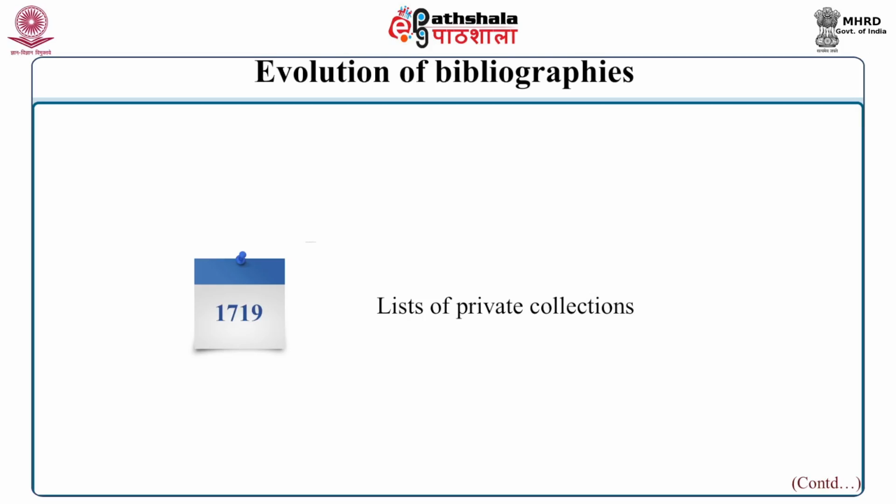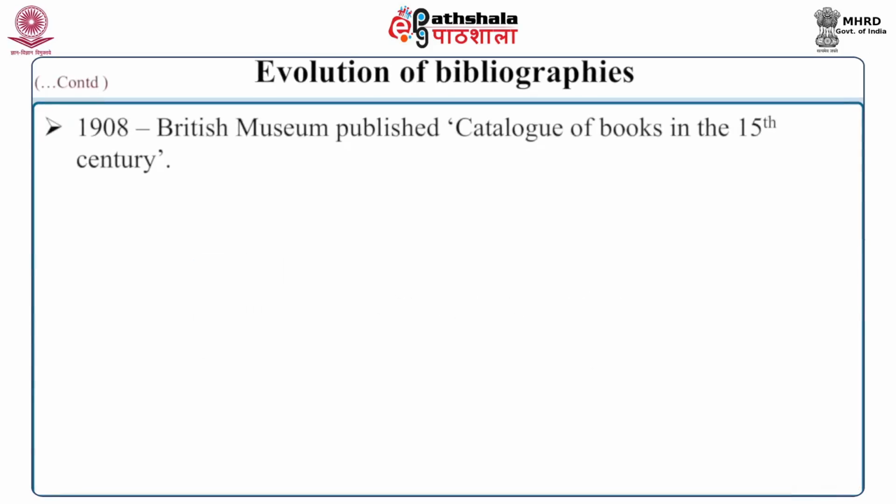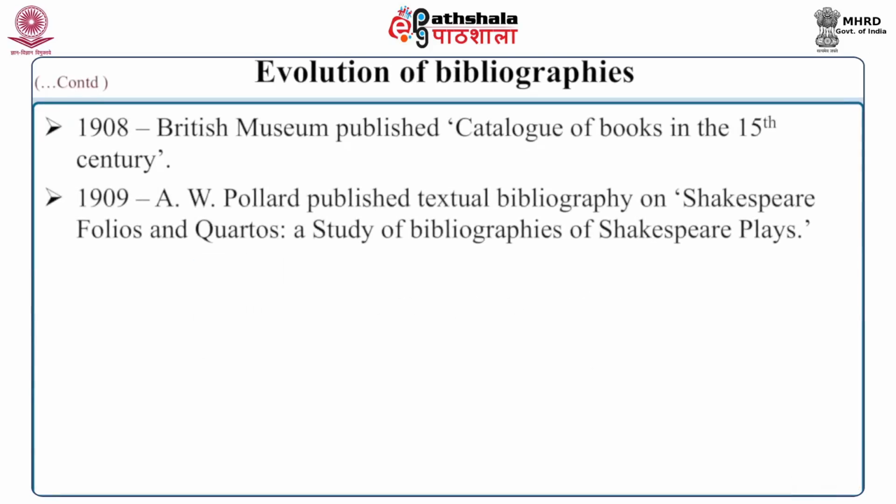Though bibliographies were there during the 18th century, they did not contribute much to development. Only during the 20th century, the British Museum developed a catalogue of books of the 15th century, and Pollard published a textual bibliography on Shakespeare's works. These are the two best examples of the initiation regarding bibliographies.